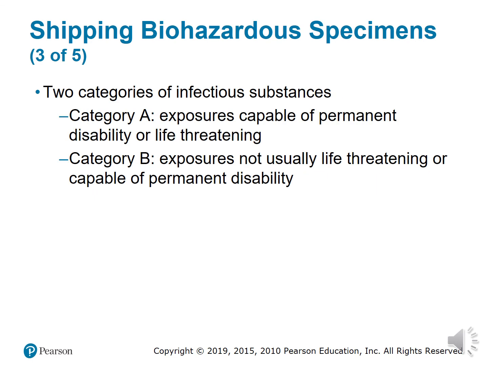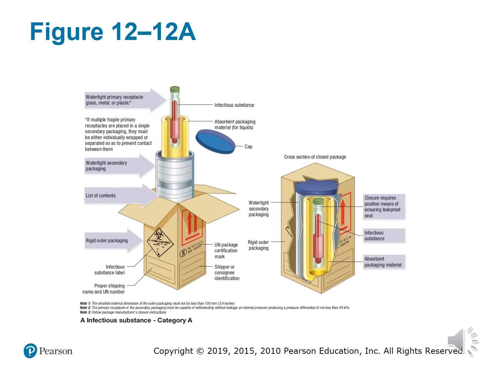There are two categories of infectious substances. Category A, exposure capable of permanent disability or life-threatening. Category B, exposure not usually life-threatening or capable of permanent disability.